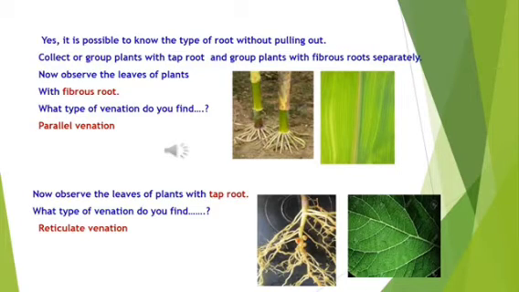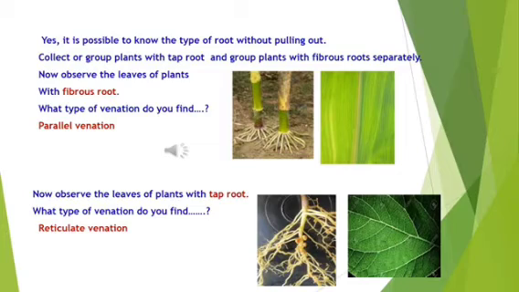So our question was that without pulling out the plant, will you be able to know what type of root the plant is having? So are you able to get the answer now? Yes, it is possible to know the type of root. How? By observing the venation in the leaves.